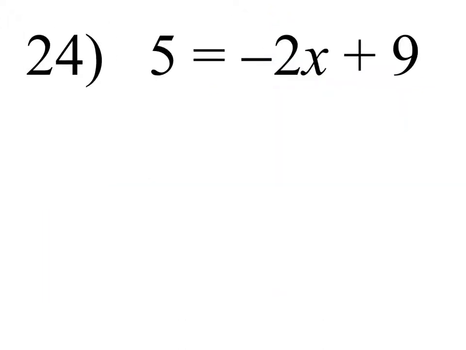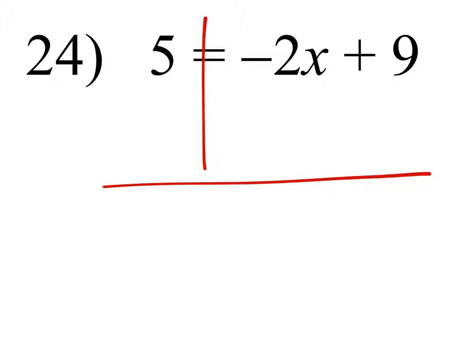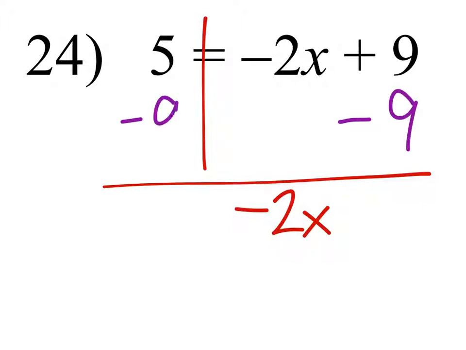Alright. So on this one, again, the main purpose for us to start with is to get the x's by themselves. So in this case, I have negative 2x's. How do I get those 2x's by themselves? I need to subtract this 9 out of there. Because I can't add or subtract anything to it, okay?